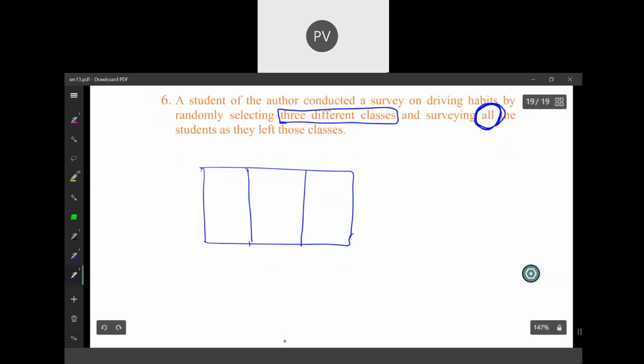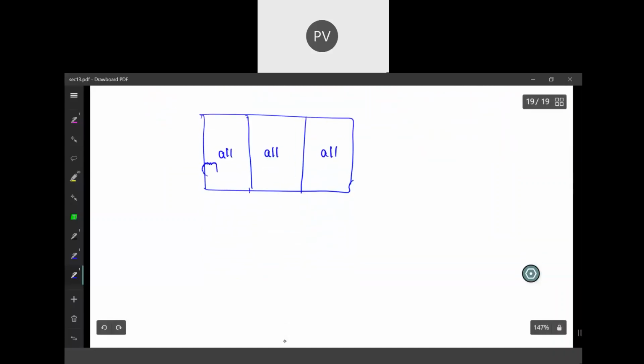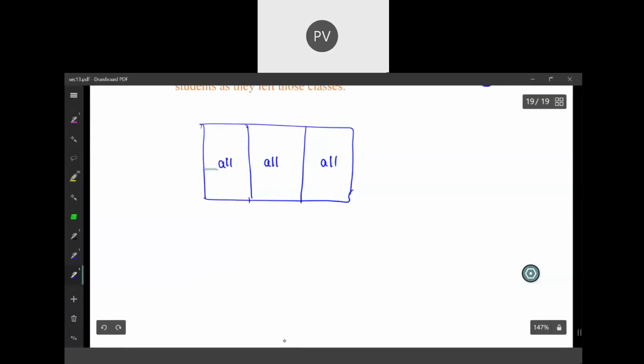So, which means the entire group is selected. That means it is cluster sampling.